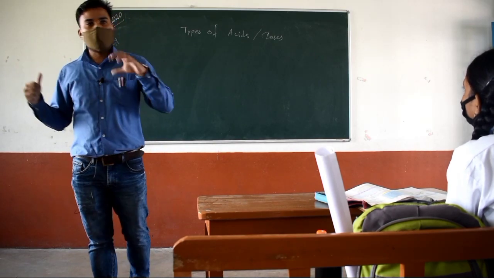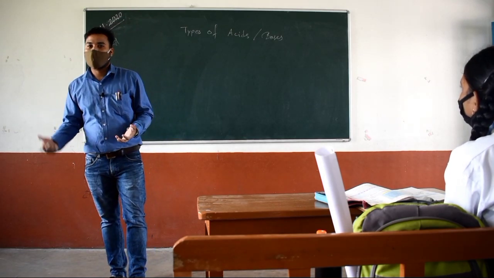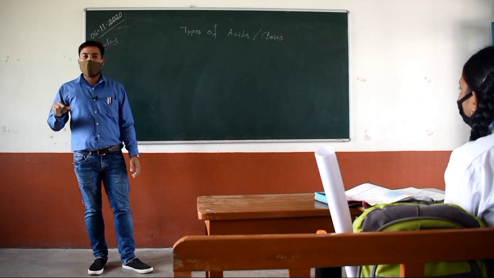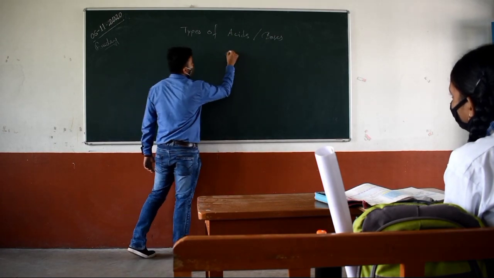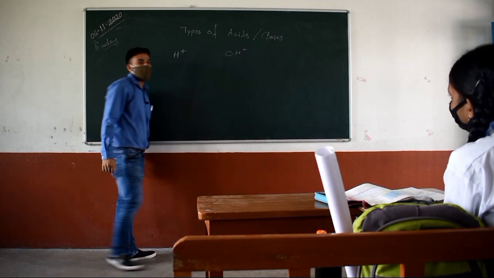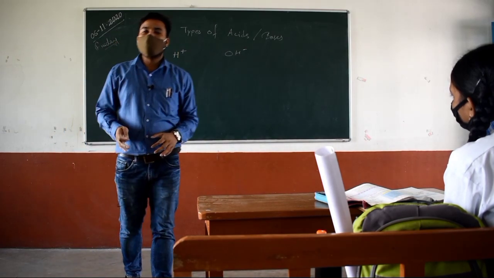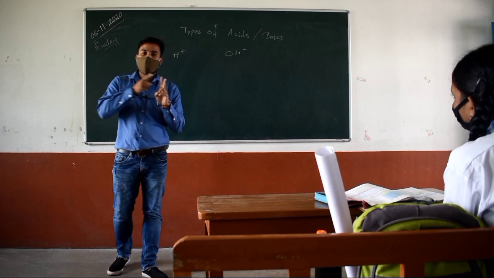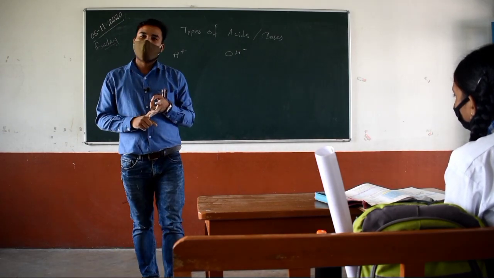We read just now, acids produce H plus ion, bases produce OH minus ion. So depending on the particular concentration of H plus or OH minus ion, all acids and bases are divided into two types: strong acid, strong base, or weak acid, weak base.